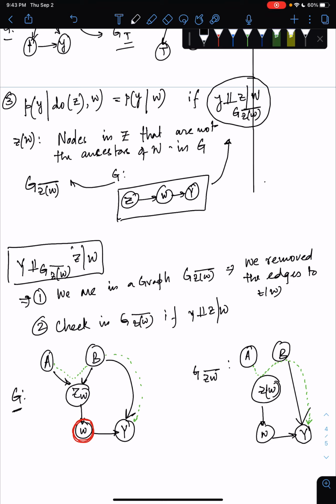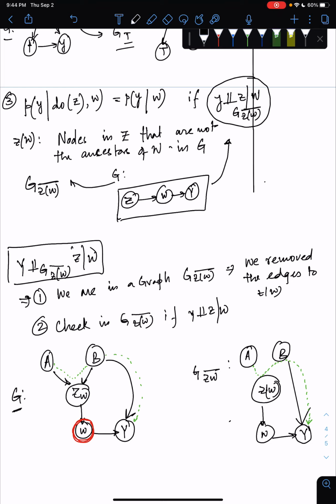This active path is also there because W is not able to block all the spurious relationship between ZW and Y in my original graph. So I can't go from here to here, and we cannot say that in this particular graph this relationship holds.